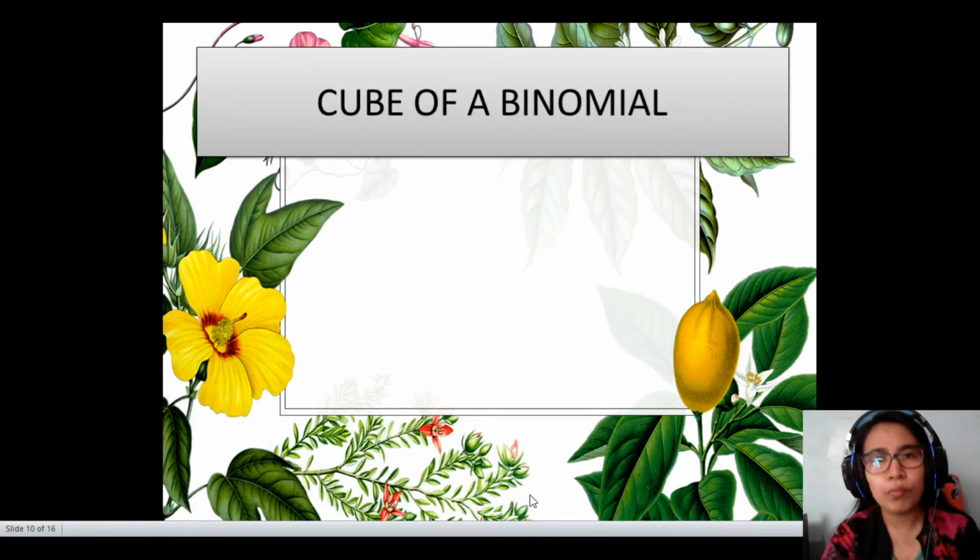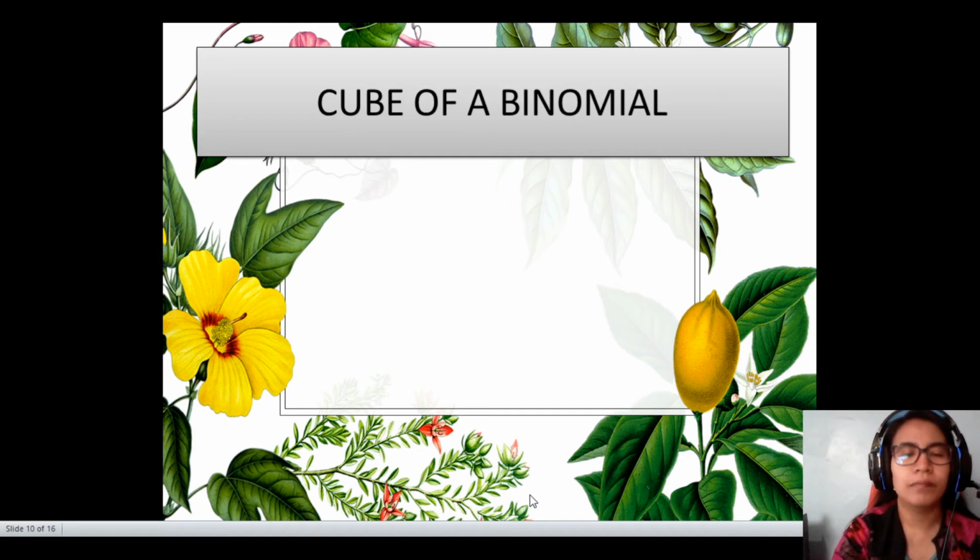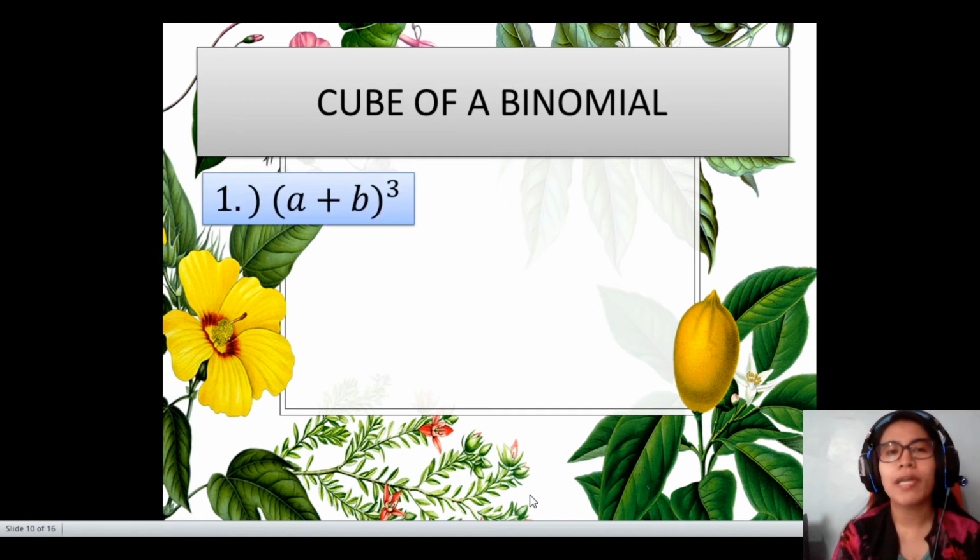Next is cube of a binomial. So we have a plus b cubed. It has a pattern also. The first term should be cubed. So if we have a, just cube it, and it will be a cubed for the first term in your answer.